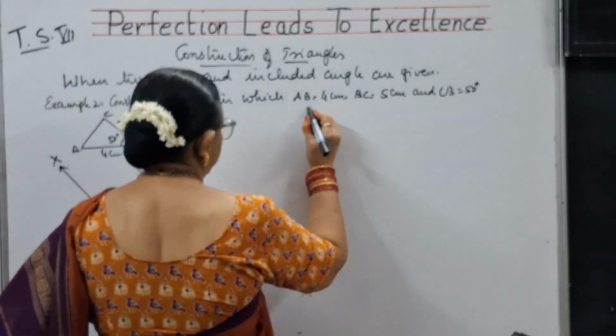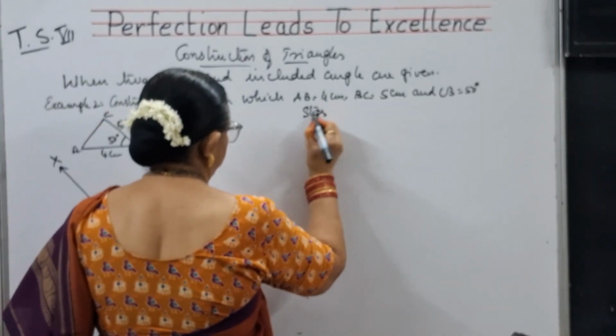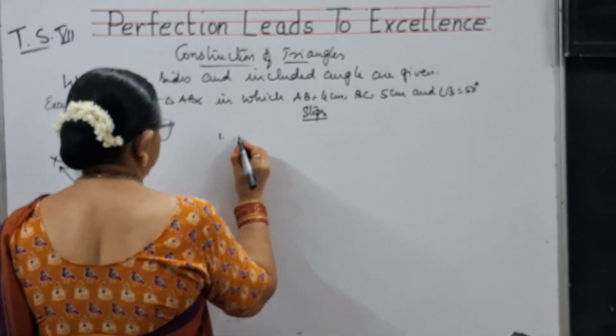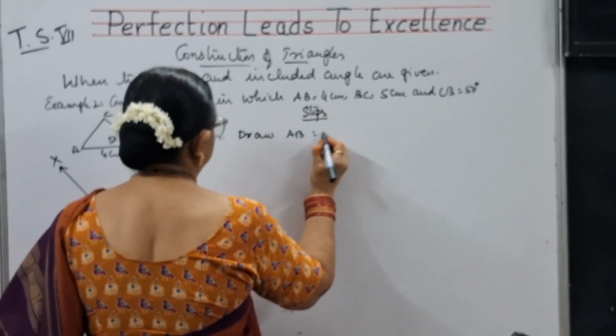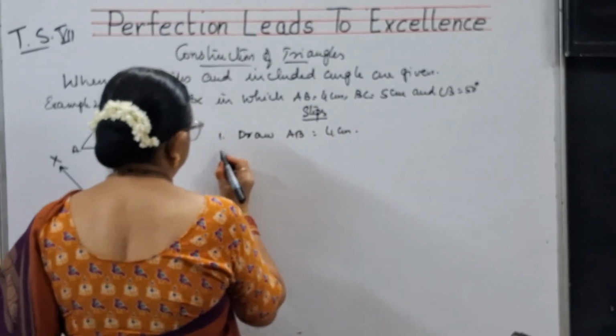Now let us write the steps. What are the steps? First step, draw AB is equal to 4 centimeters.